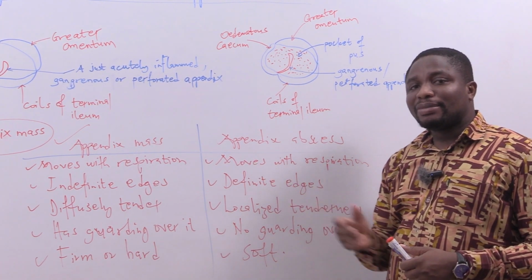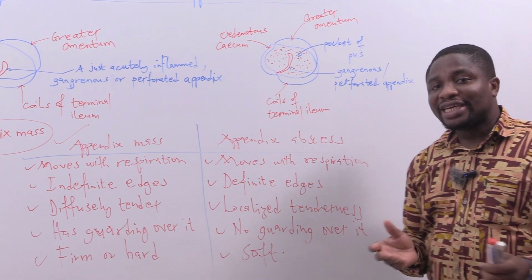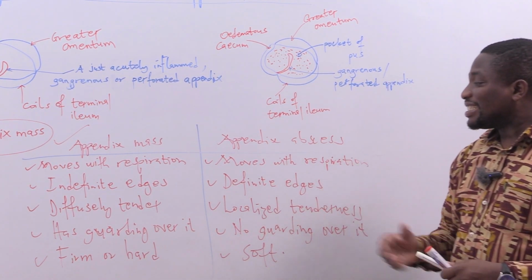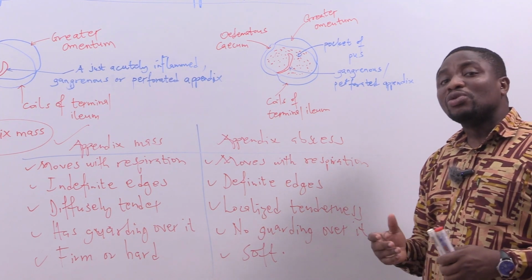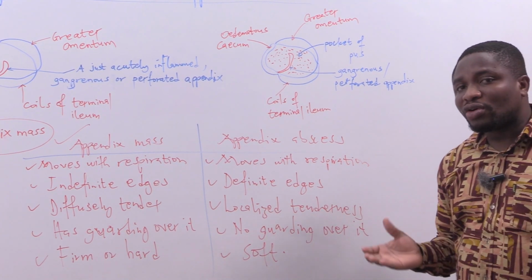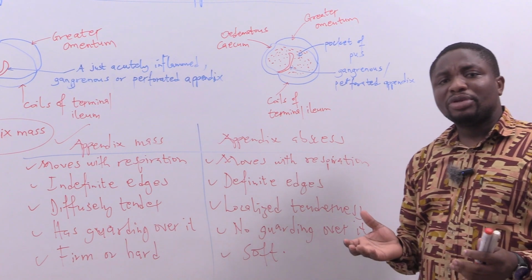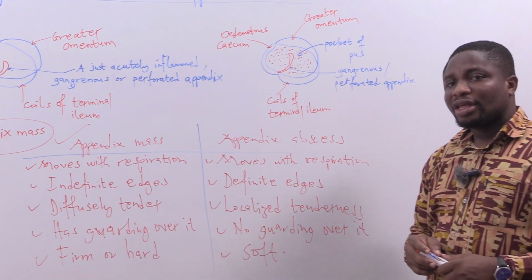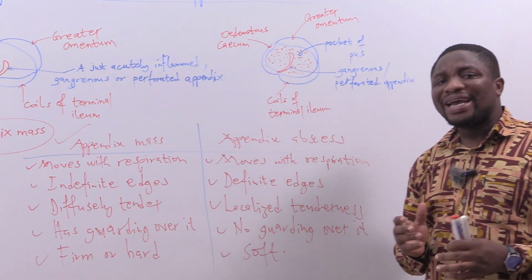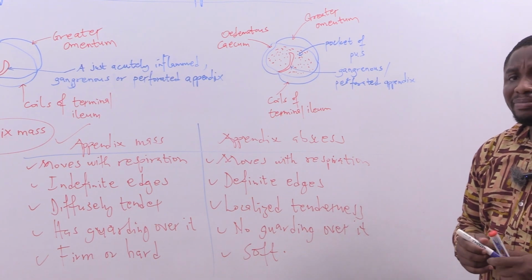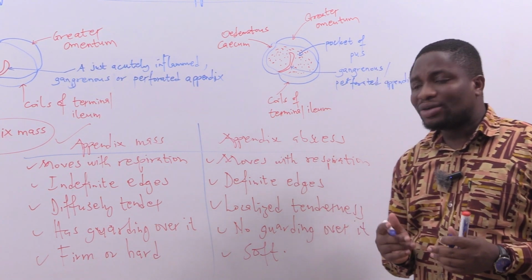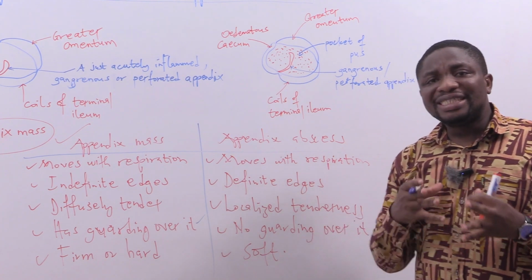The next one is that appendix mass is diffusely tender, and appendix abscess has localized tenderness because it's walled off from the surrounding abdominal cavity. The next one is that appendix mass has guarding over it, meaning it has rigidity.